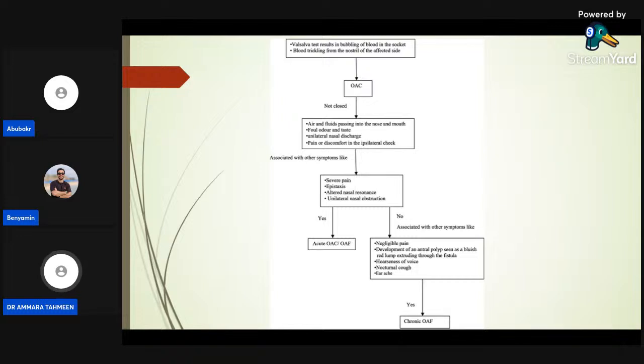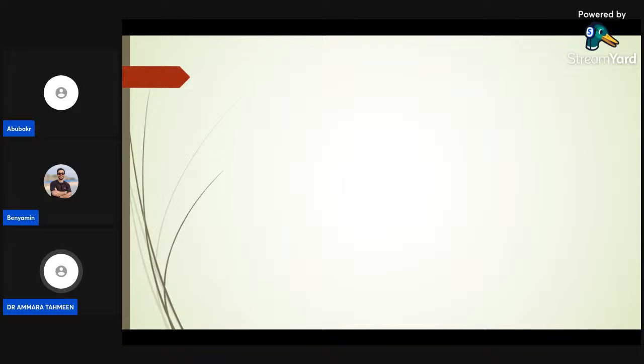All the fluids trickle down into his throat, so he will develop this cough at night time. And because of the air pressure changes and due to the inflammation, the patient will complain of earache as well. So if you are seeing these signs, then the patient has entered into the chronic oroantral fistula stage.